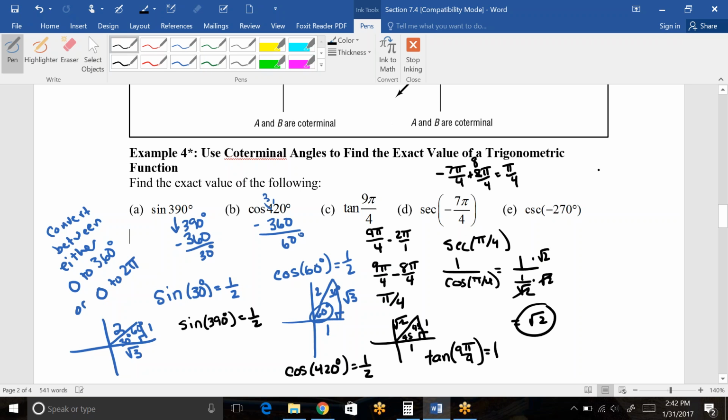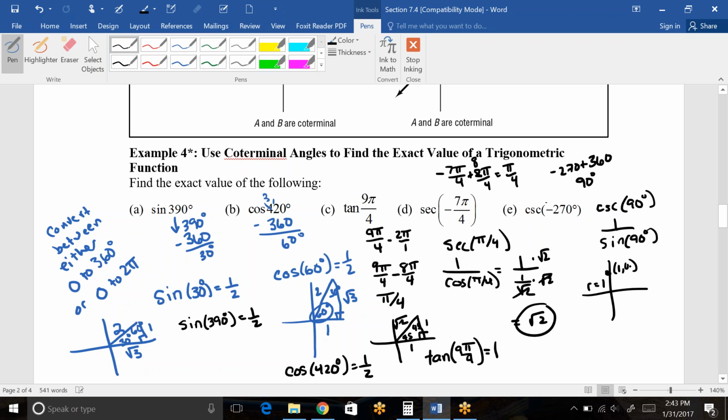And then for this cosecant one, notice it's a negative, so I'm going to add 360 to it. And that is 90 degrees. And remember, cosecant is the reciprocal of sine. And remember, we just talked about sine of 90 degrees. That is up here at the top. And imagine this point being 1, 0, and my radius is 1.